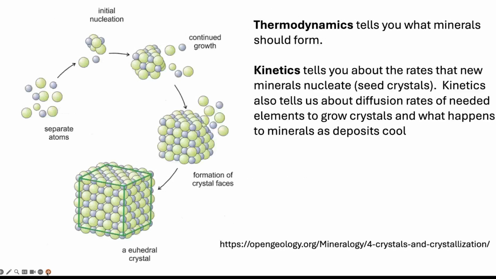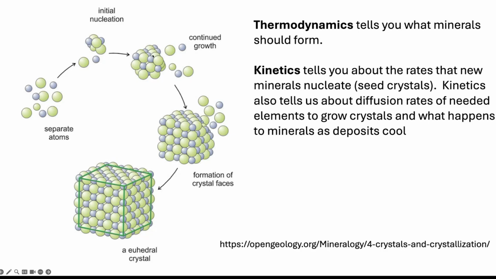So thermodynamics tells you what minerals should form. Over here on the left, we've got our separate atoms. Maybe they're ions in a solution with a certain Eh and pH. And then for some reason, they begin to nucleate and you begin to get a seed crystal.